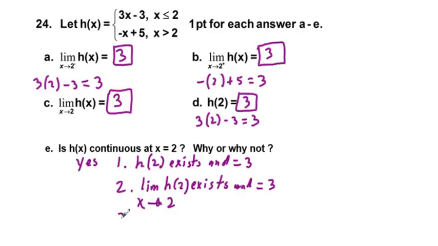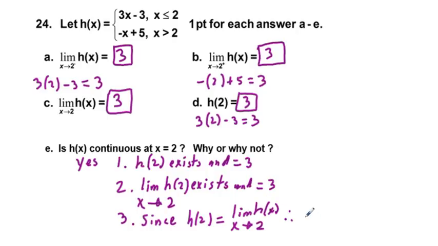So 3, since h of 2 equals the limit as x approaches 2 of h of x, then you put dot, dot, dot, h of x is continuous at x equals 2. So if you had, for part E, a reasonable type of explanation, it didn't have to be as exhaustive as I made it here, that would be sufficient for getting your point there.